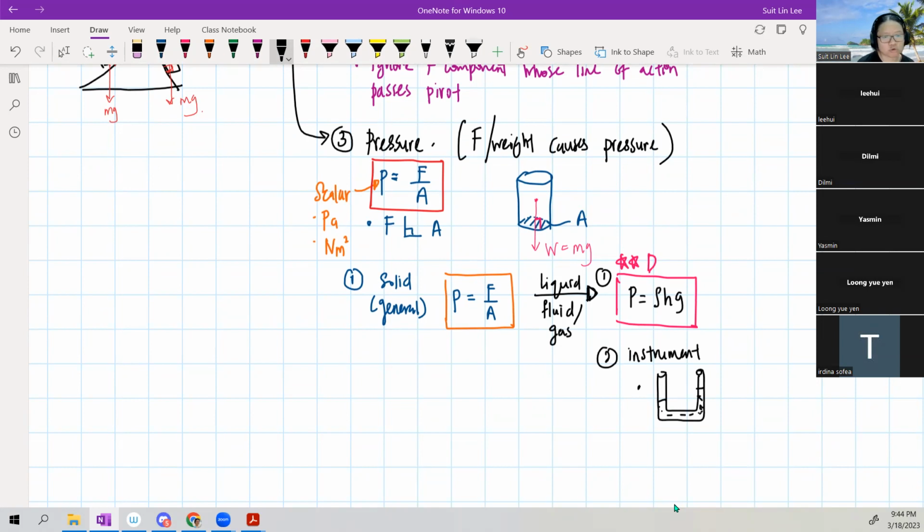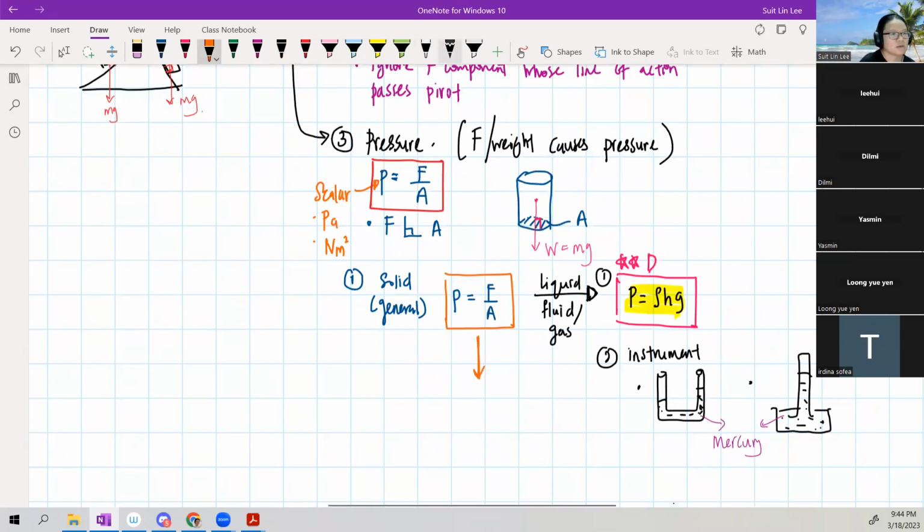You should also know how to use a barometer, but barometer is not really that popular because I think barometer is an IGCSE thing, but it is not in your syllabus. I have seen questions like this before too. So this one, we place some mercury inside, but we are still using the equation P is equal to rho Hg.